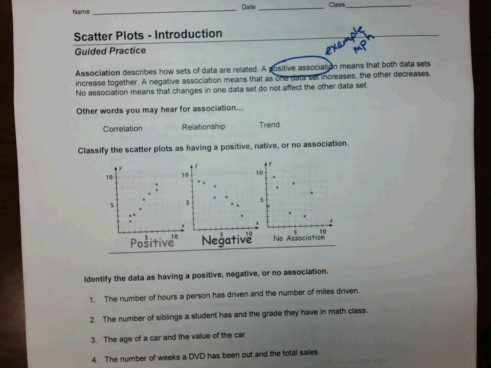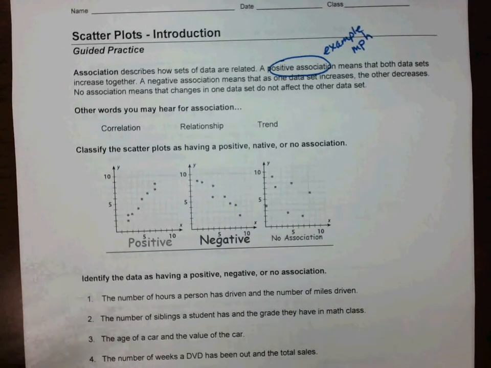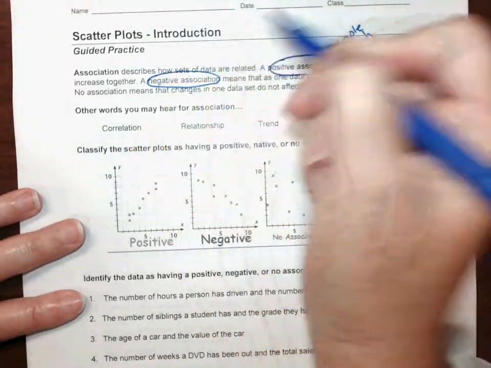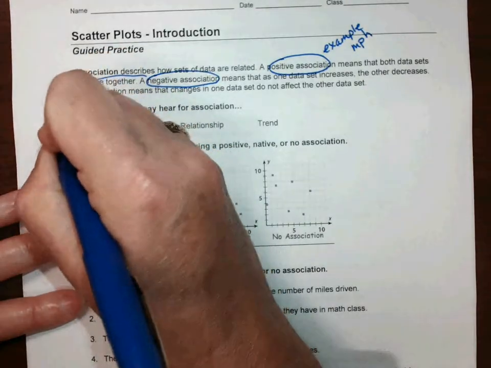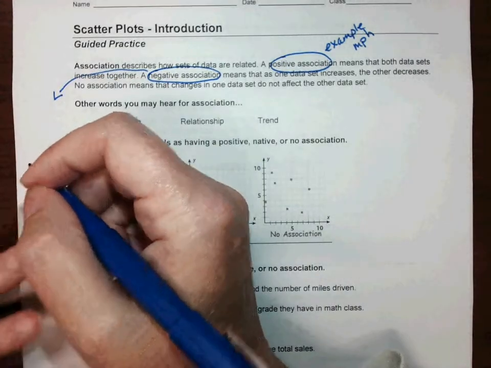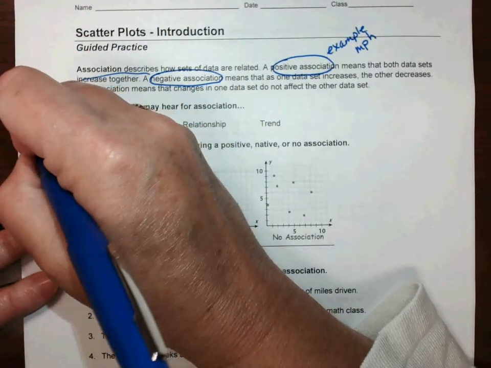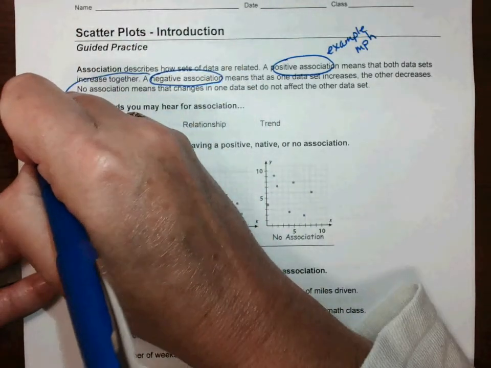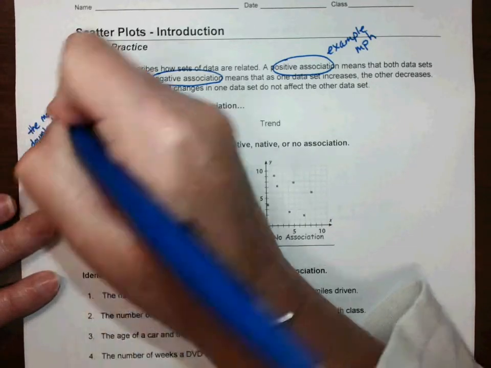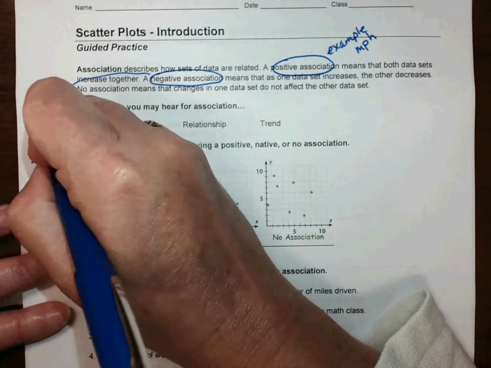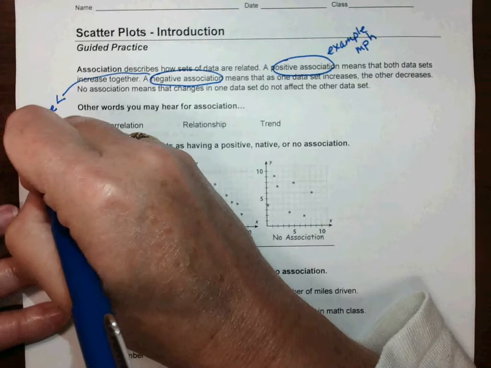A negative association would be where one is increasing but the other is decreasing. So for example, let's say the more I download onto my phone, the less memory I have.